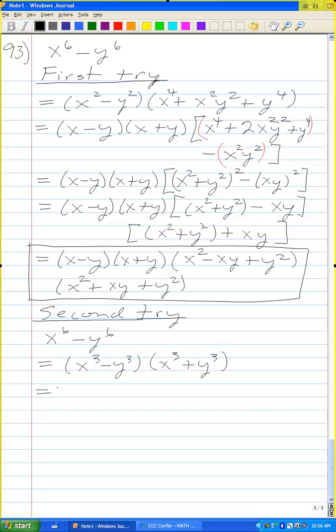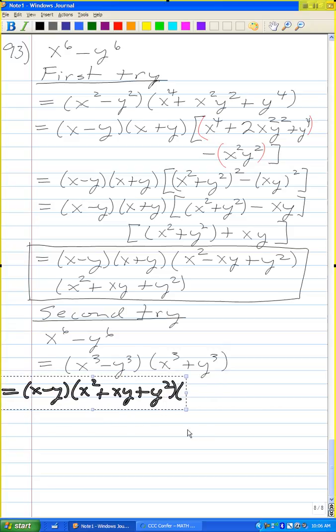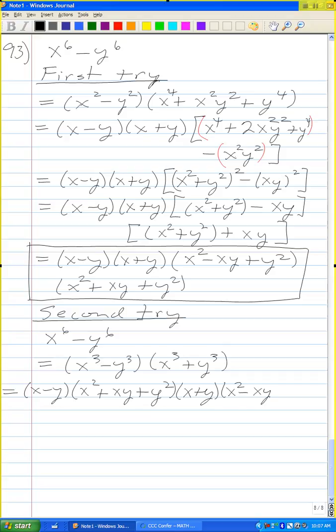And now let's use the difference of cubes formula. x minus y, x squared plus xy plus y squared. And now x cubed plus y cubed, well, it's the sum of cubes. So x plus y times x squared minus xy plus y squared. And you're done.